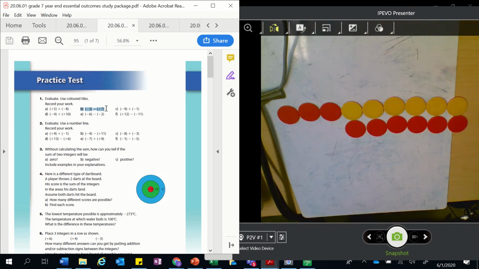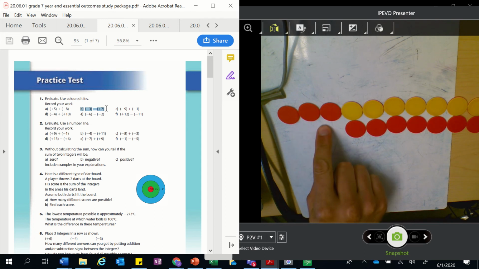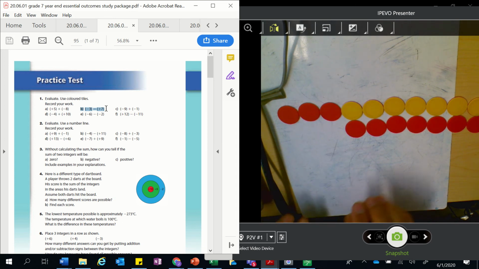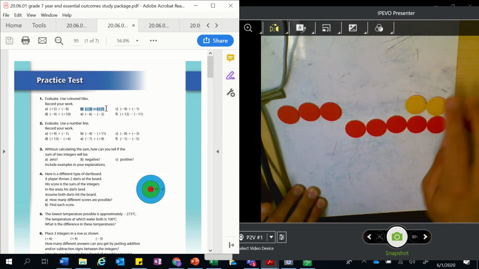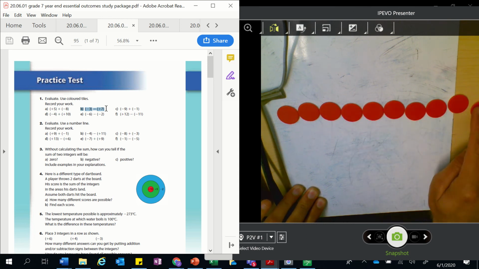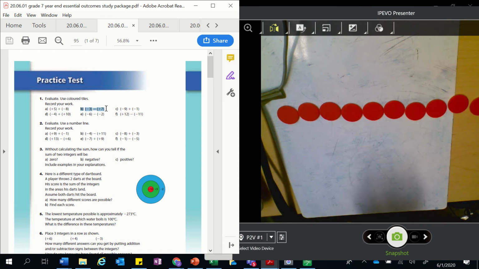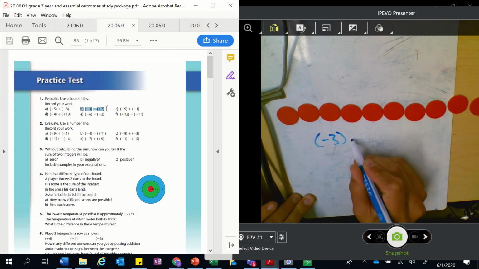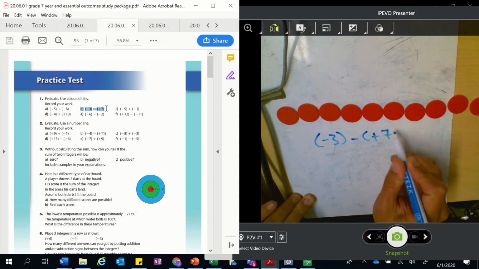So I still have minus 3, because minus 3 plus a bunch of zeros is minus 3. But the question says minus plus 7. Well, let's take away plus 7. What do I now have? I have minus 10.